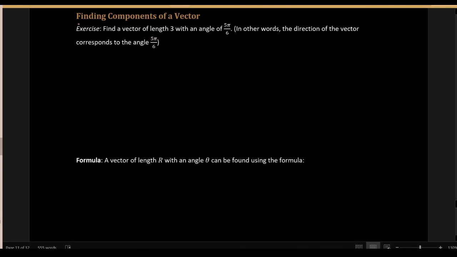So let's practice finding the components of a vector given the information about its length and about its angle. So once again, I'm referring specifically to vectors in two-dimensional space here. So 5 pi over 6 is just a little bit short of pi. So that angle is going to place us in quadrant number 2.